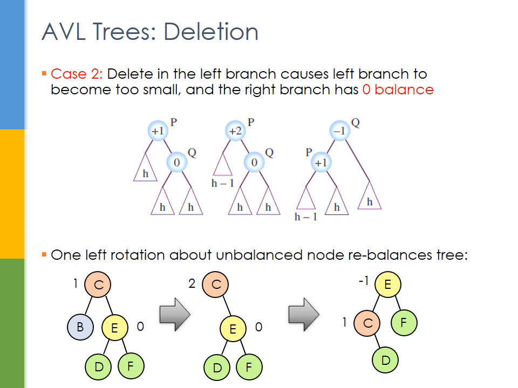Node C had a balance factor after the deletion of 2. Because we're rotating it down, we reduce its balance factor by 1, and so we have a balance factor of 1 for node C. Notice also that the balance factors for nodes D and F don't change after this rotation has taken place.